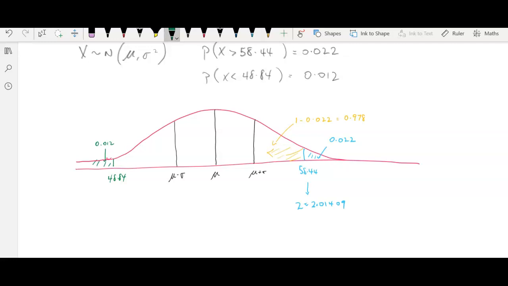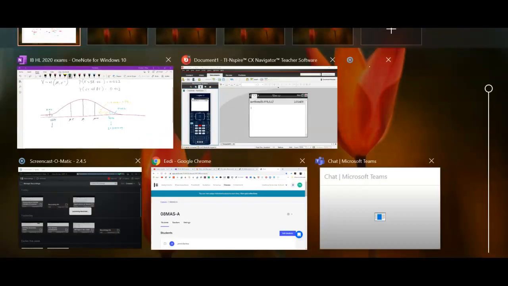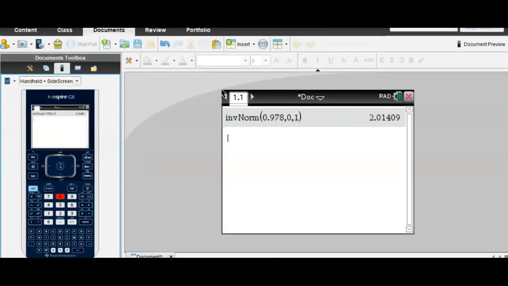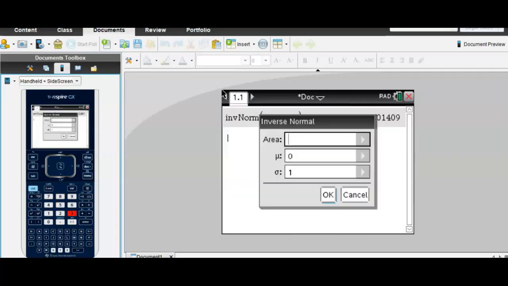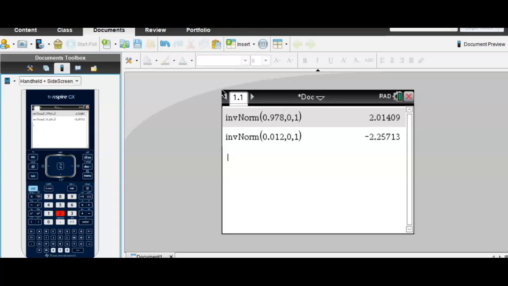Now my Z value for 48.84 is going to be inverse normal 0.012 for area. So let's go in there, 0.012, menu 553, 0.012, tab, enter.